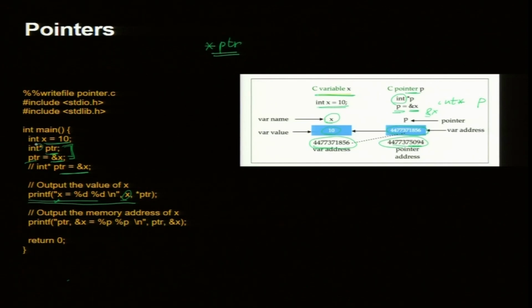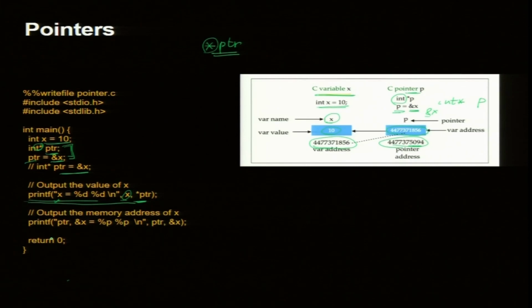This star is different from the one in int star, which is not an operator, but this is an operator acting on the pointer, giving you the content at ptr, and that is x. So star ptr will be x. So both prints will give the value of x.